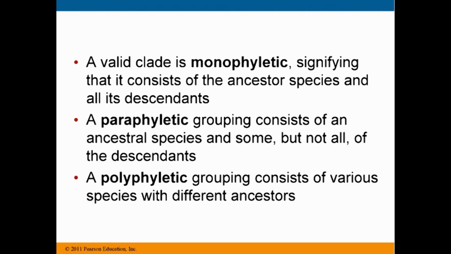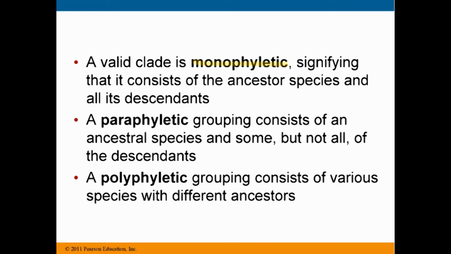Let's take a look at our next slide here. A valid clade is monophyletic. And monophyletic, mono means one. Phyletic, you're looking at an evolutionary relationship. So this means that it consists of the ancestor species and all of its descendants.